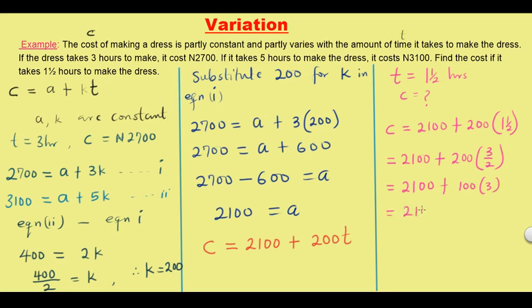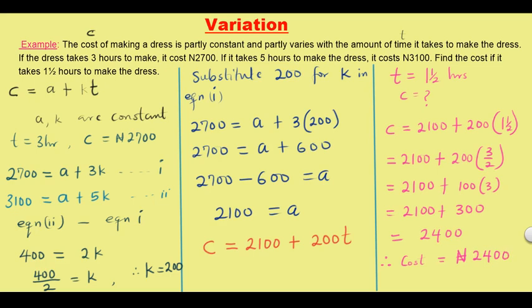That's 2100 plus 300. So we then add this together, that will be 2400. Therefore, the cost of the dress when it takes 1.5 hours to make is equal to 2400 naira.